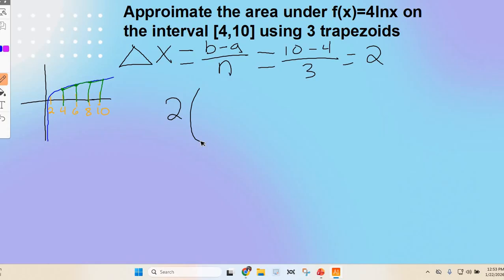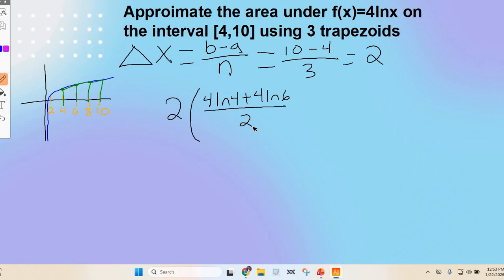Base 1 for my first trapezoid is what I get when I plug in 4 into my function. So we're just going to leave it as 4 natural log of 4 for right now. Then I'm going to add my base 2, which is what I get when I plug in my right-hand value, which is 6. So I have 4 natural log of 6, divided by 2. And that would be the area of my first trapezoid.